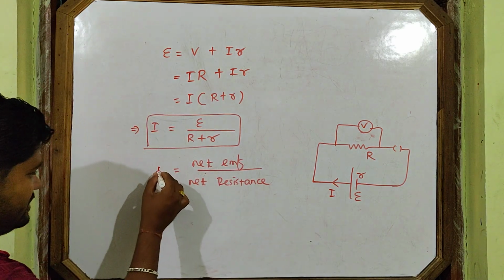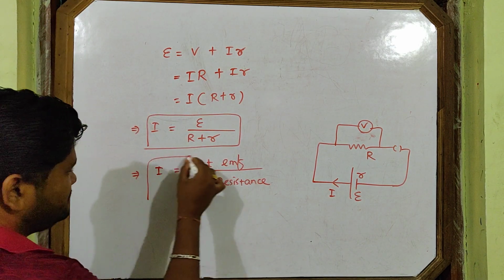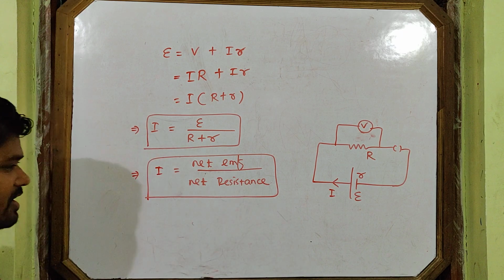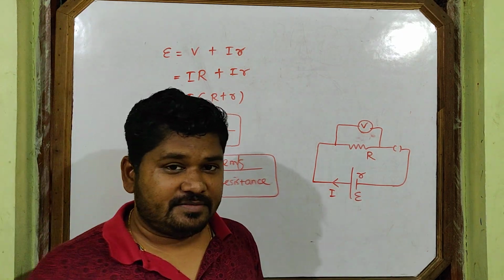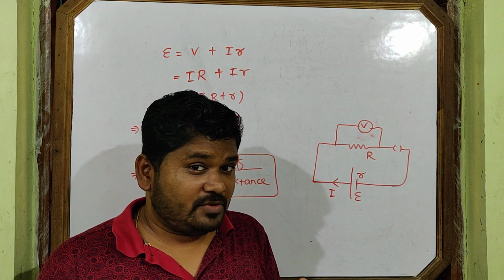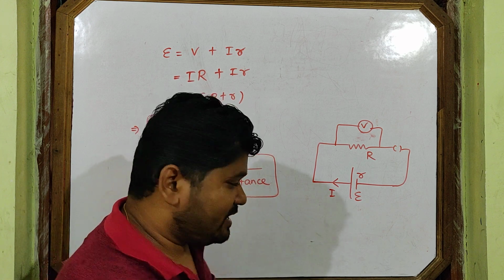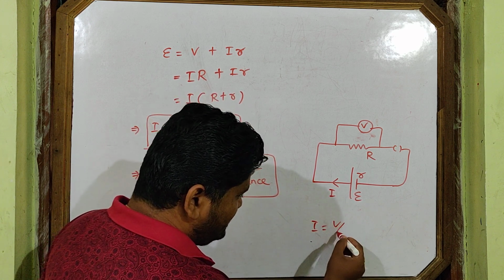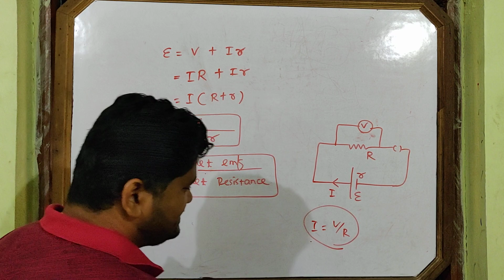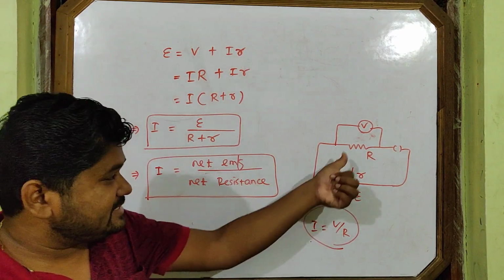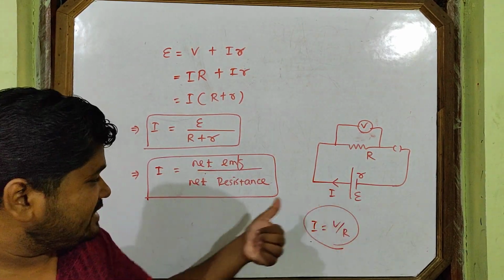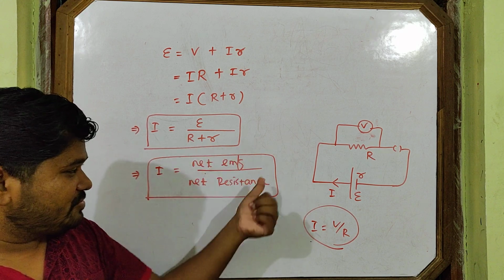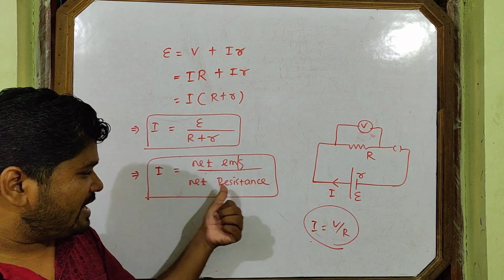Okay, you remember this formula? Use this formula everywhere whenever a cell is connected. Don't remember only the formula you read in class 9, I is equal to V by R. This is only applicable for a single resistor. But when a cell is connected, remember to use this formula everywhere: I is equal to net EMF by net resistance.